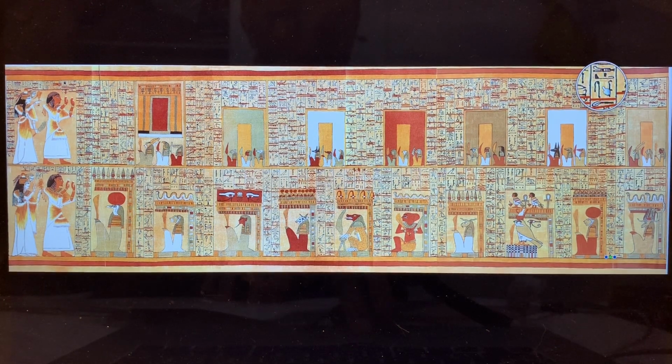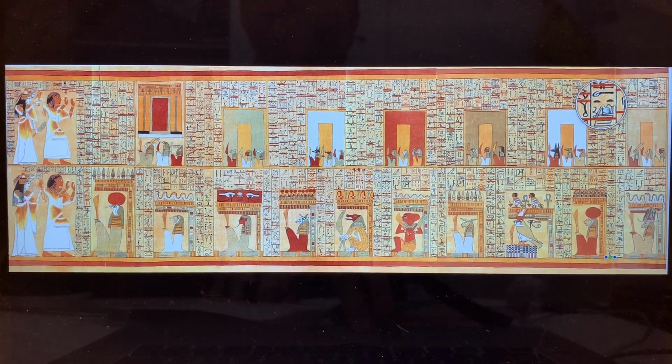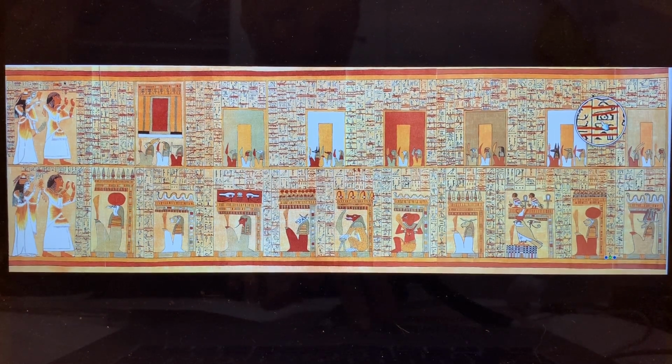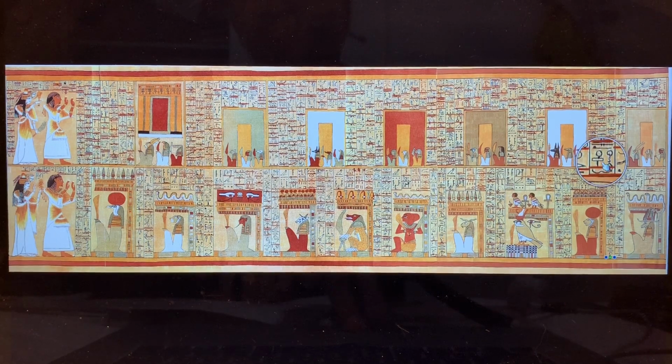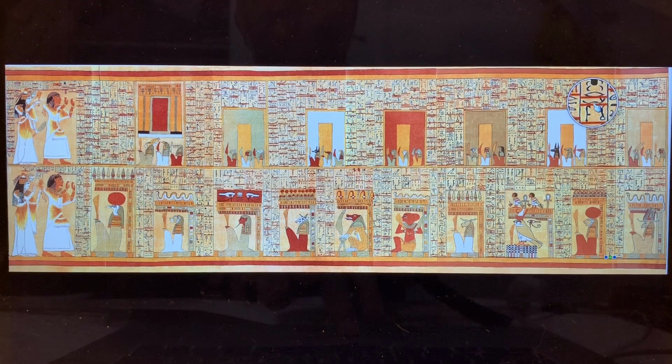O you unique one, who are in the night bark, as he circles the horizon of the sky. I have said what I please to his dignity, to his power.